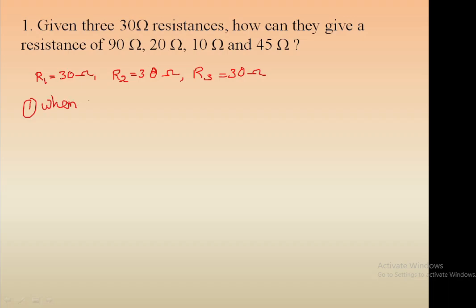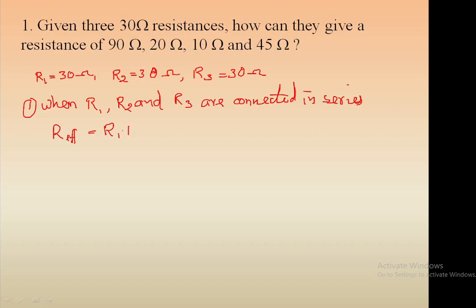When R1, R2 and R3 are all connected in series, the effective resistance R effective, in series combination we know, is the sum of the individual resistances.